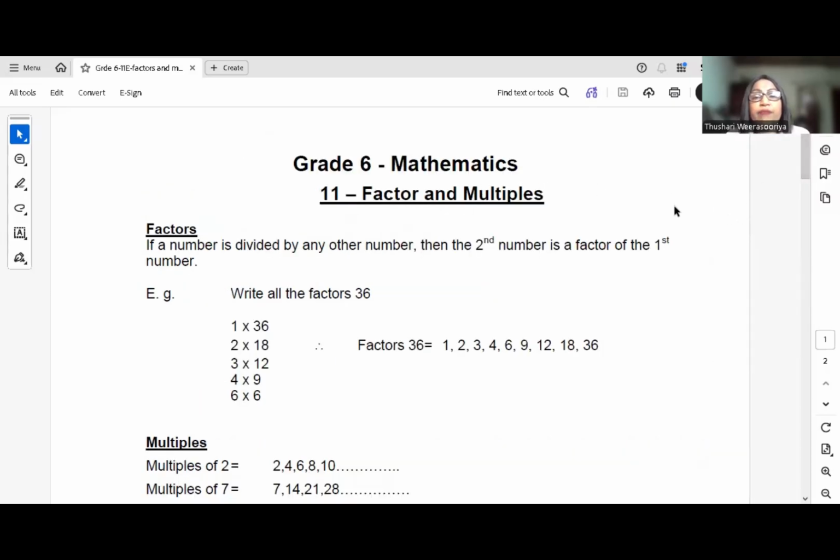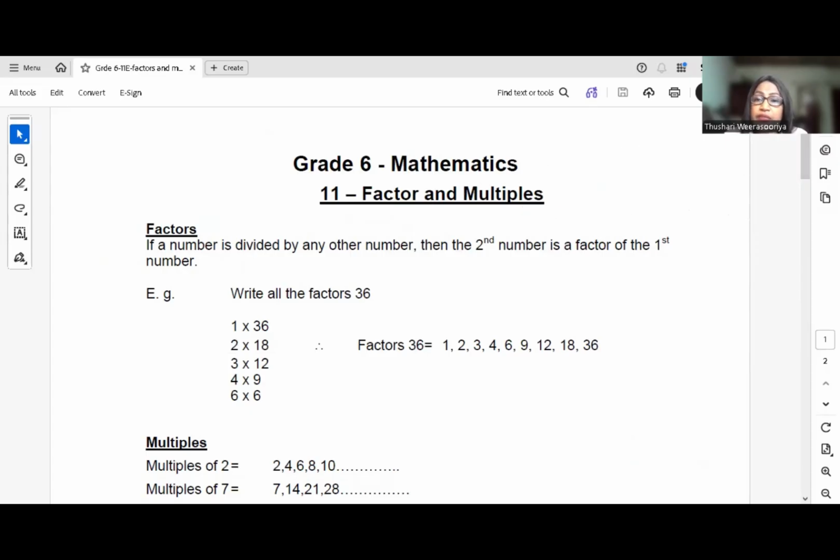Factors and multiples. What do you mean by factor? If a number is divided by any other number, then the second number is a factor of the first number.